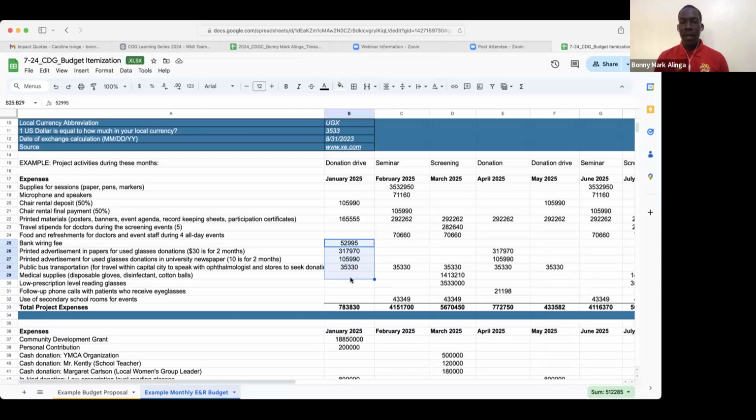In the second month, we are going to handle the training sessions. And in training sessions, we need papers, we need pens, we need A, B, C, D to sort it out. Then the third month, we still need additional materials. And in the sixth month, we'll be having another training.